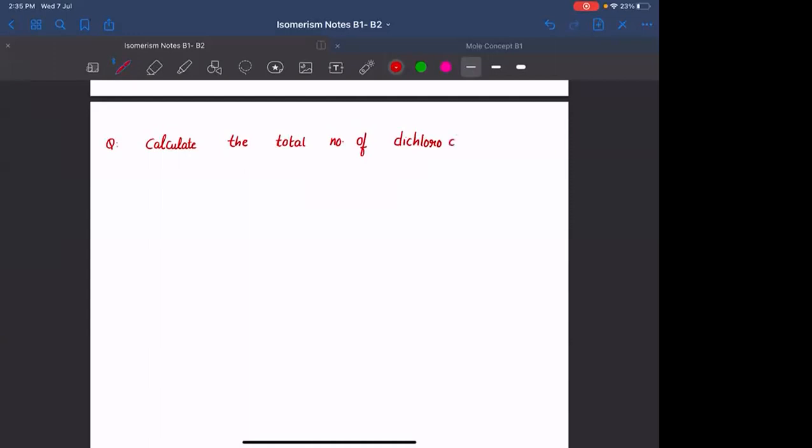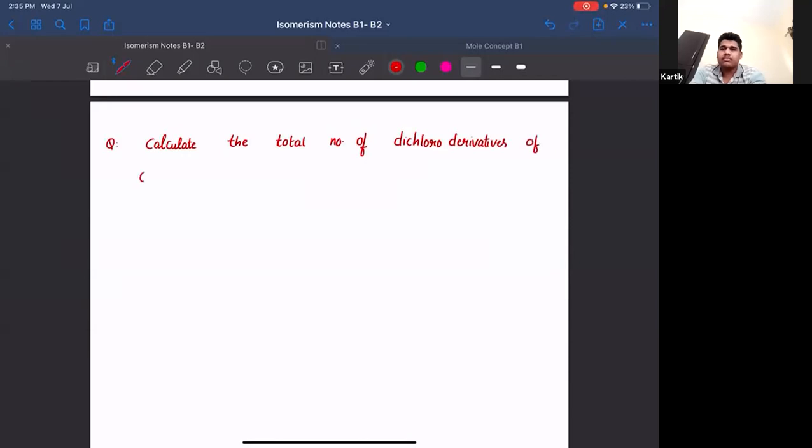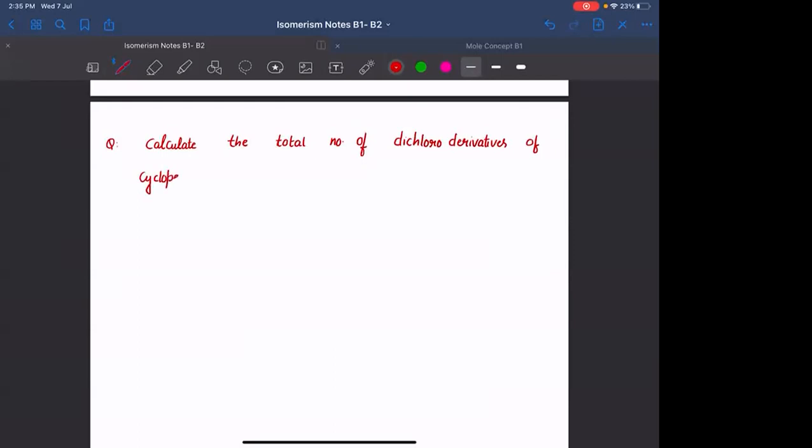What is meant by dichloro derivative? Anyone? 2 chlorine compound. You need to replace 2 hydrogens with 2 chlorines. Cyclopentane में you need to replace any of the 2 hydrogens with 2 chlorines.